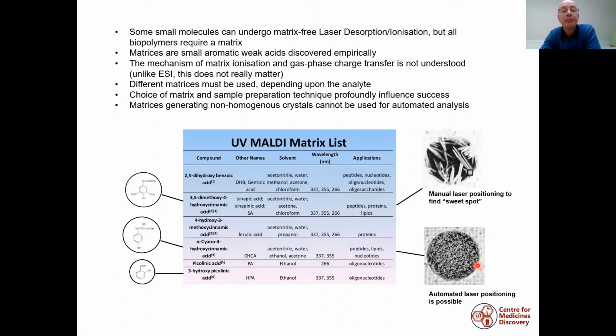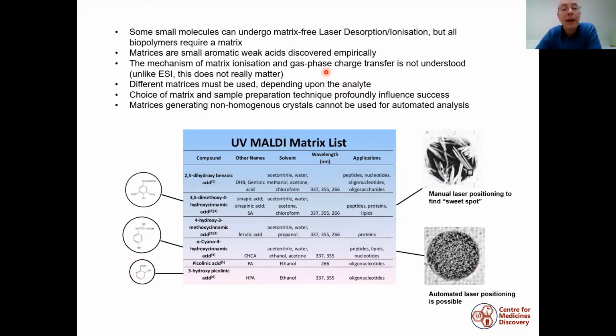glycoproteins. So for the matrix itself, there are a number of matrix compounds. They're all small aromatic weak acids. They've been discovered empirically. There is some understanding of what makes a good matrix, but the mechanism by which the matrix ionizes and then this gas phase charge transfer is not really understood.